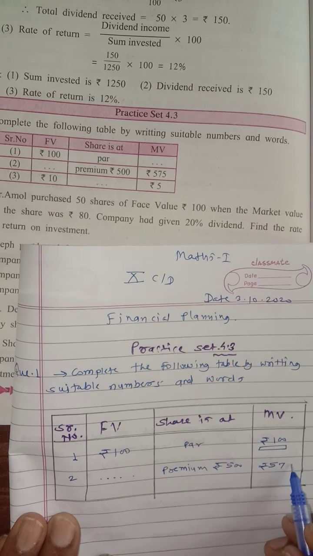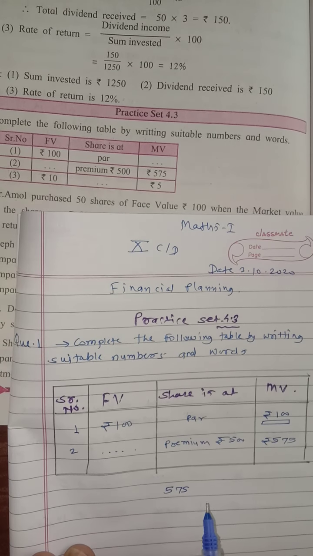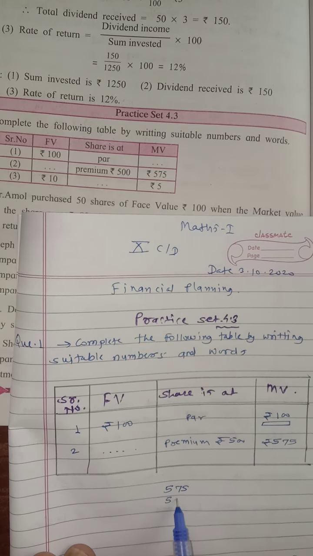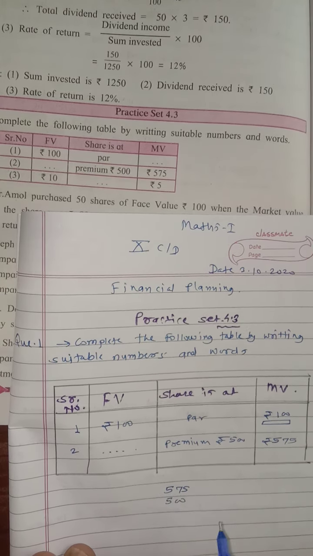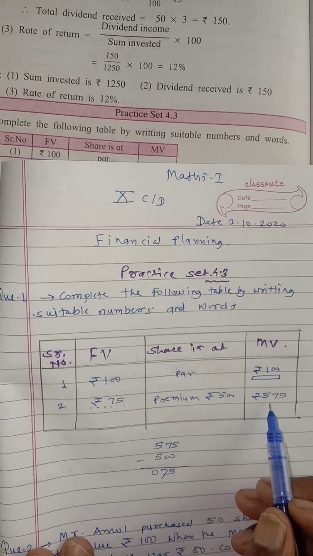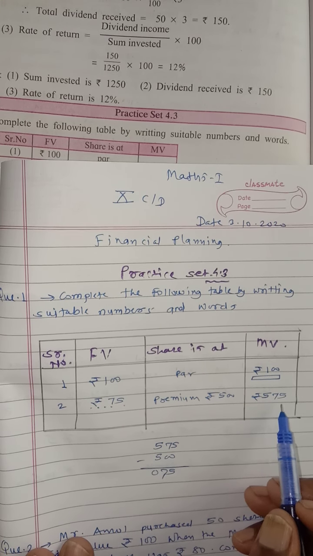We know market value is 575 and premium is 500. Therefore face value is the subtraction of these two numbers, rupees 75. If face value is 75 and premium is rupees 500, then the sum of these two is market value 575.